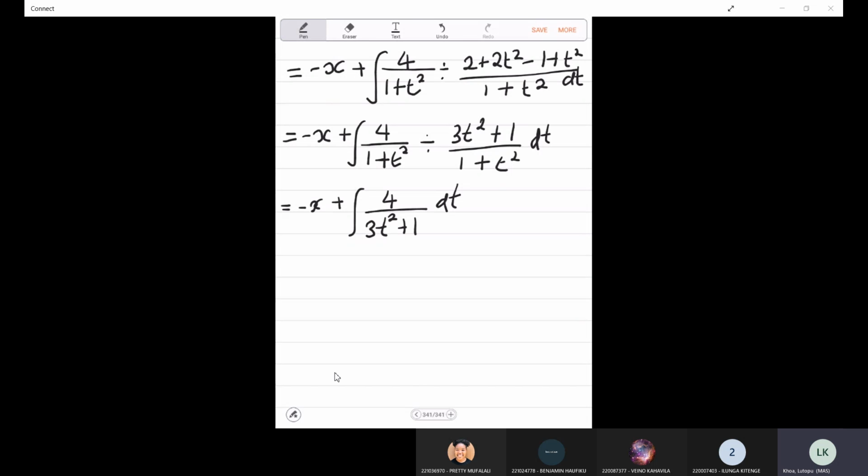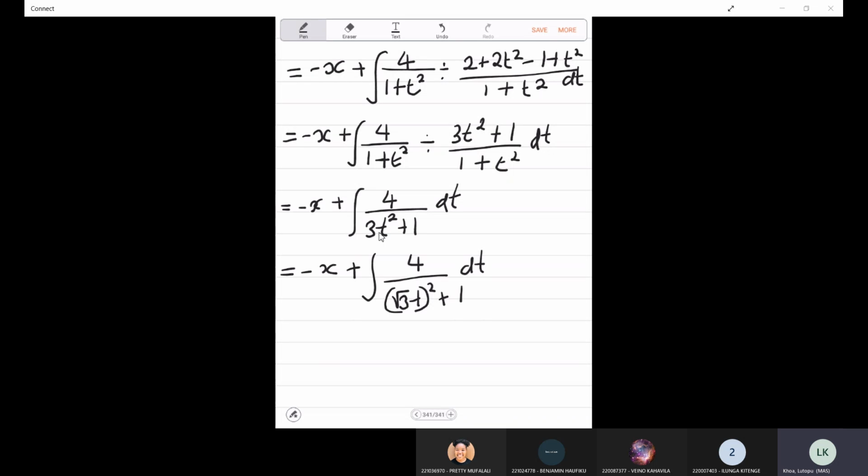Okay, so now that we have that, thinking tan inverse, the only thing here is we need this 3 to be part of the square, and the number on top must be the derivative of whatever it is we're squaring here. So this is minus x plus the integral of 4 over the square root of 3t, the whole thing squared, plus 1, dt.